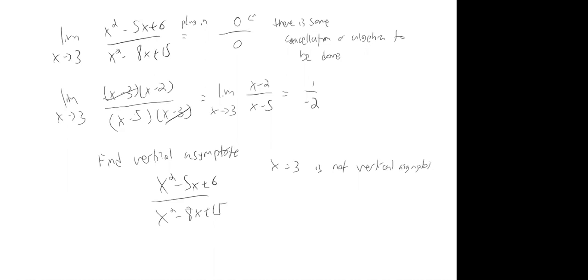The limit as you go to 3 is negative 1/2. In this case, it's only x equals 5. So when you plug in, not only do you check if you divide by 0, but make sure the top number is non-zero. If the top number is non-zero, then yes, it's a vertical asymptote. But in the case you get 0 over 0, you still have to work harder. But yes, it's still a discontinuity.